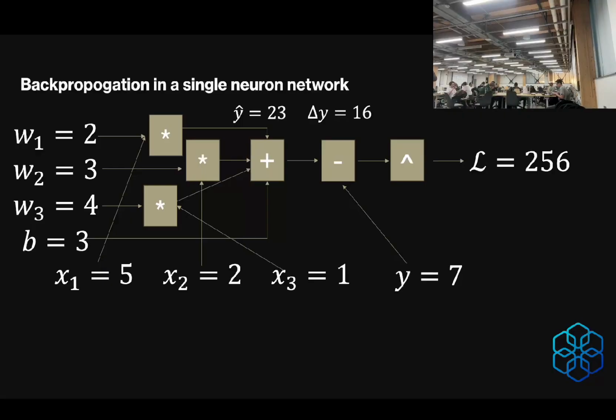Oh, and my bad. Here it's 2 squared. So the last operation before L, that's squared. Not the square root of 256. You get 256 by squaring. 16 squared, yeah.